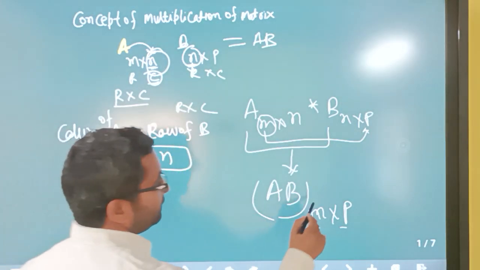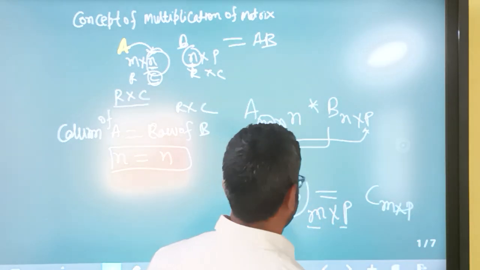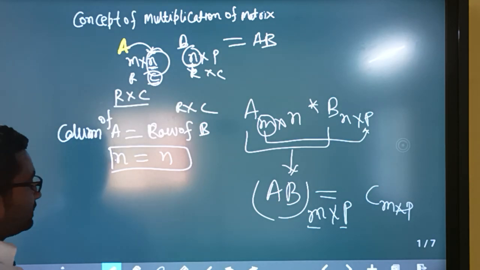We can simply write it in the form C, M cross P. This is the basic idea of multiplication of matrices.